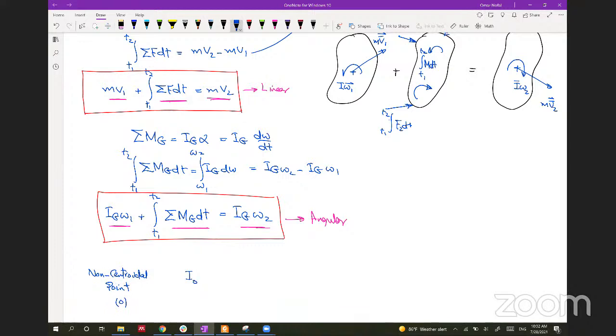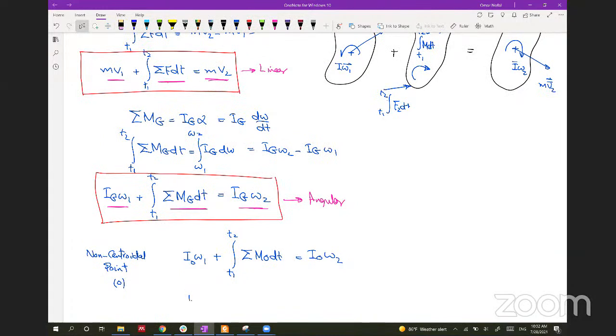This equation will be I_O omega 1 plus the integration of the sum of the moments about O dt from t1 to t2, and this will be equal to I_O omega 2. If this point is the instantaneous center, it will be the mass moment of inertia about the instantaneous center multiplied by omega 1, plus the integration of the sum of the moments about the instantaneous center dt, equal to I omega 2.